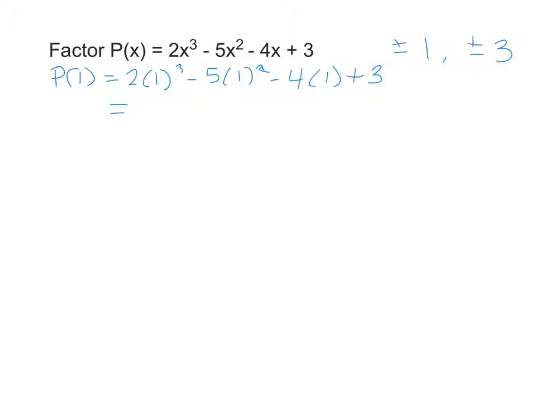So this comes out to 2 minus 5 minus 4 plus 3, which is equal to negative 4, which tells us then that x minus 1 is not a factor. So I'm not going to try to divide by x minus 1.